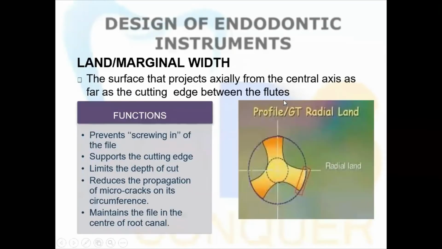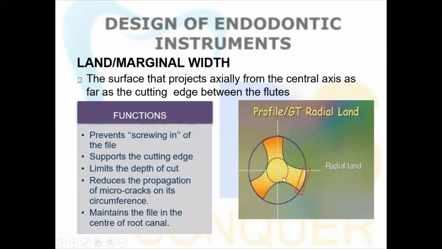And moving forward, the next component of the file is the land, or radial land, or marginal width. If we take the cross section of the file, the radial land is the surface that projects from the central axis towards the cutting edge between the flutes. This is the flute or groove area, and this is the cutting edge.